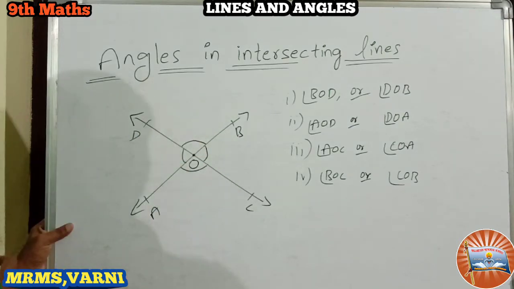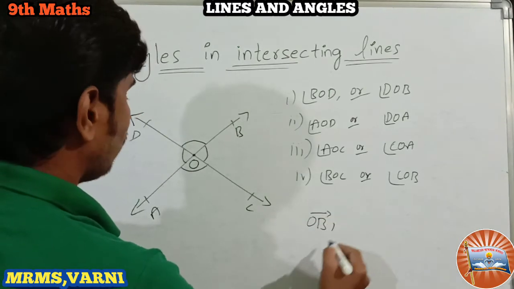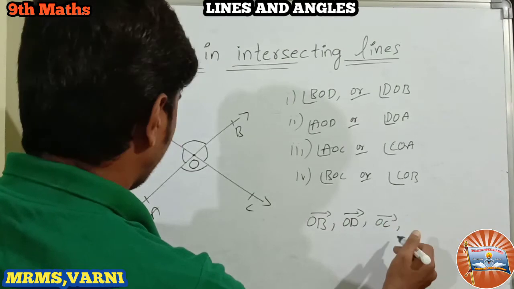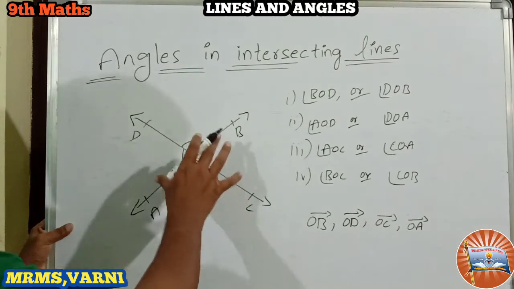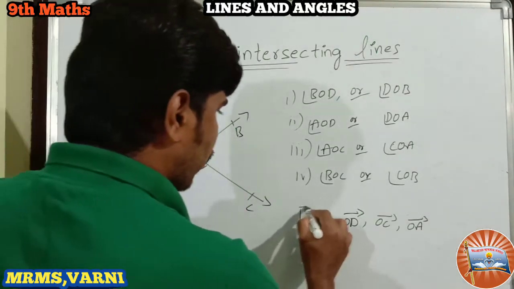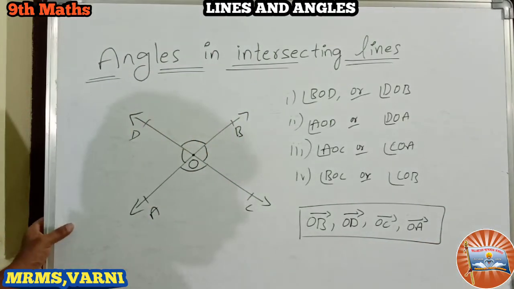Here OB is a ray, OD is a ray, OC is a ray, and OA is a ray. So two lines make four angles, or I am saying these four rays make four angles here. Did you get that?